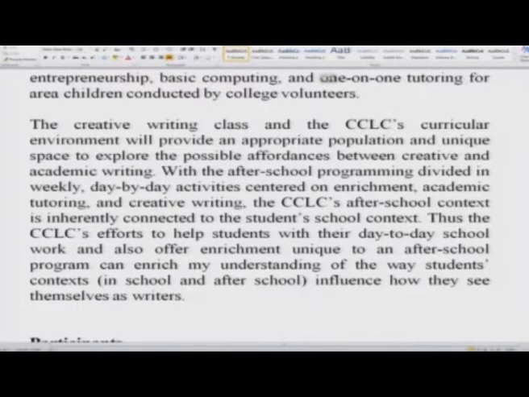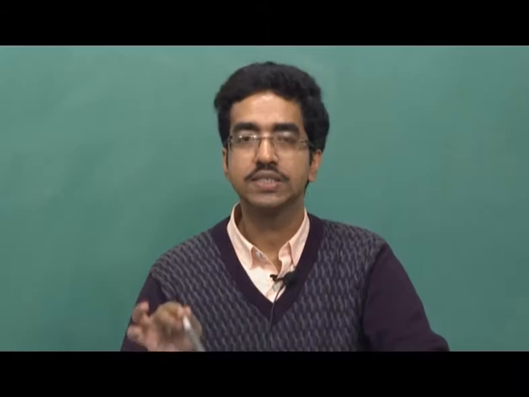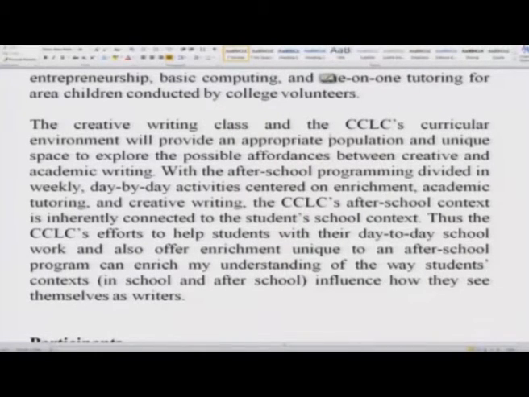So, here now the writer is justifying the choice. Why CCLC? So, here is the justification. With the after school programming divided in weekly day by day activities centered on enrichment, academic tutoring and creative writing, the CCLC's after school context is inherently connected to the student's school context.